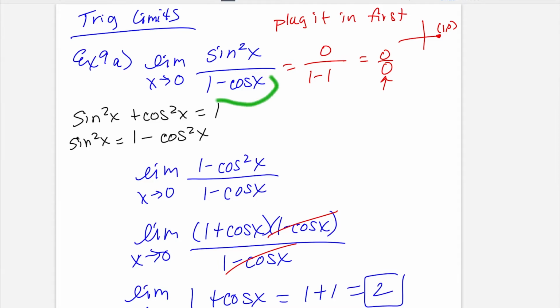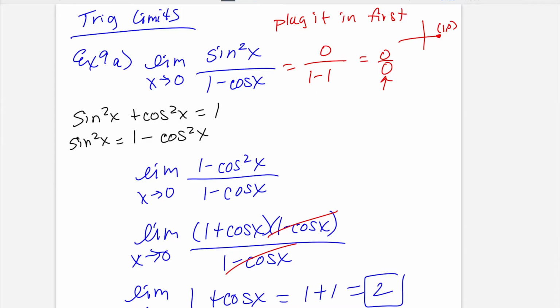You could have taken this part of it and said, okay, I can take 1 minus cosine x and multiply by the conjugate of 1 plus cosine x, and then see if that works out for you. So there are other ways to do this, is my point.